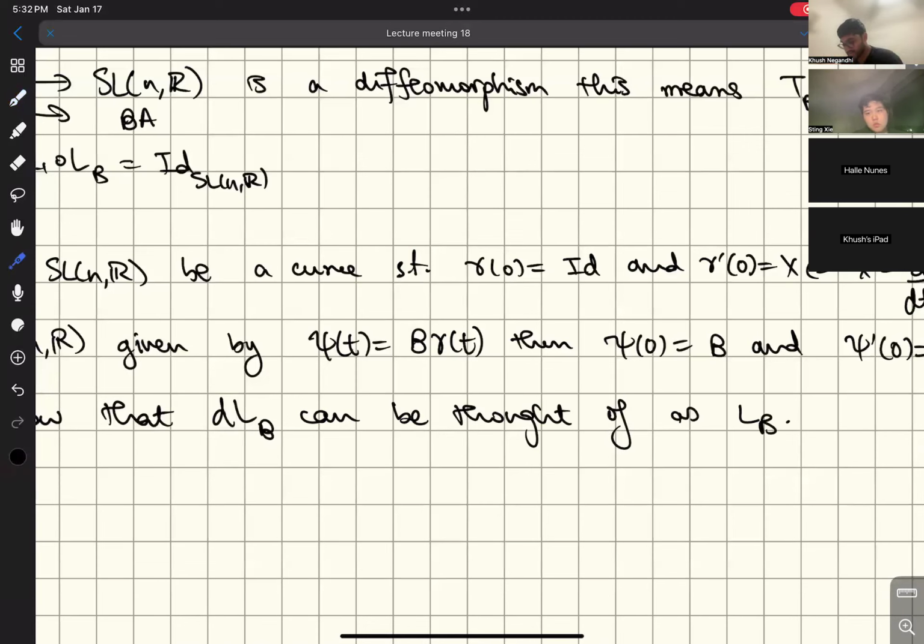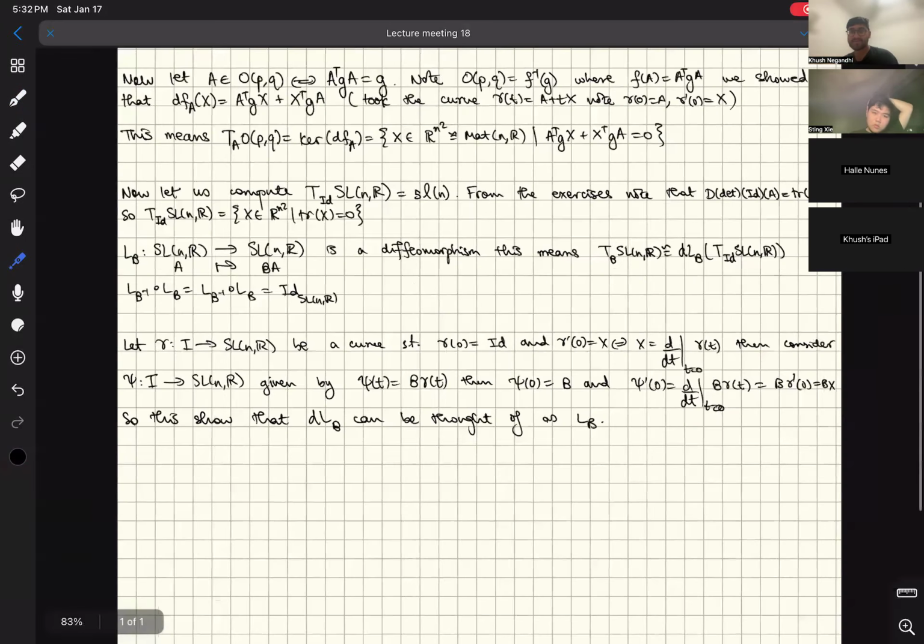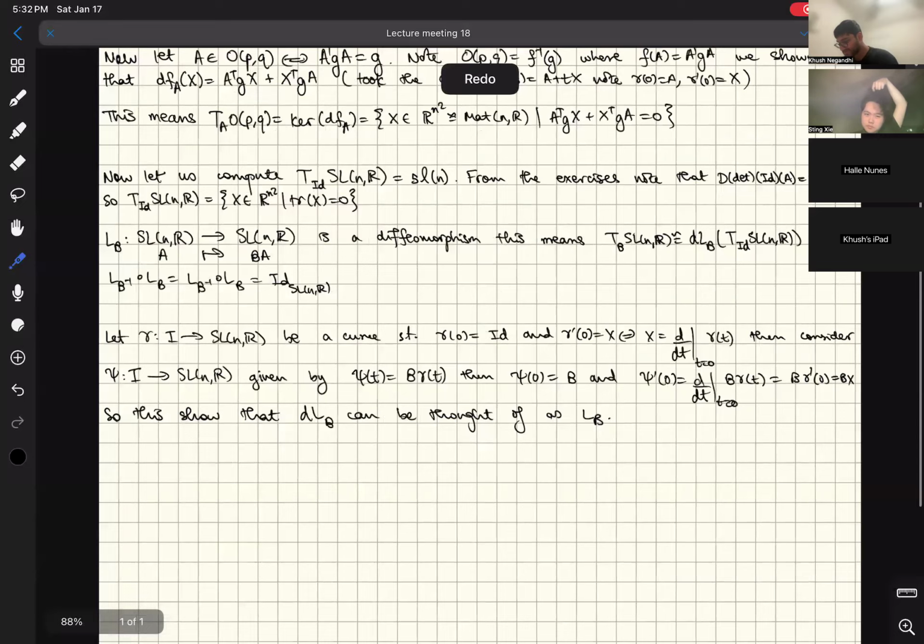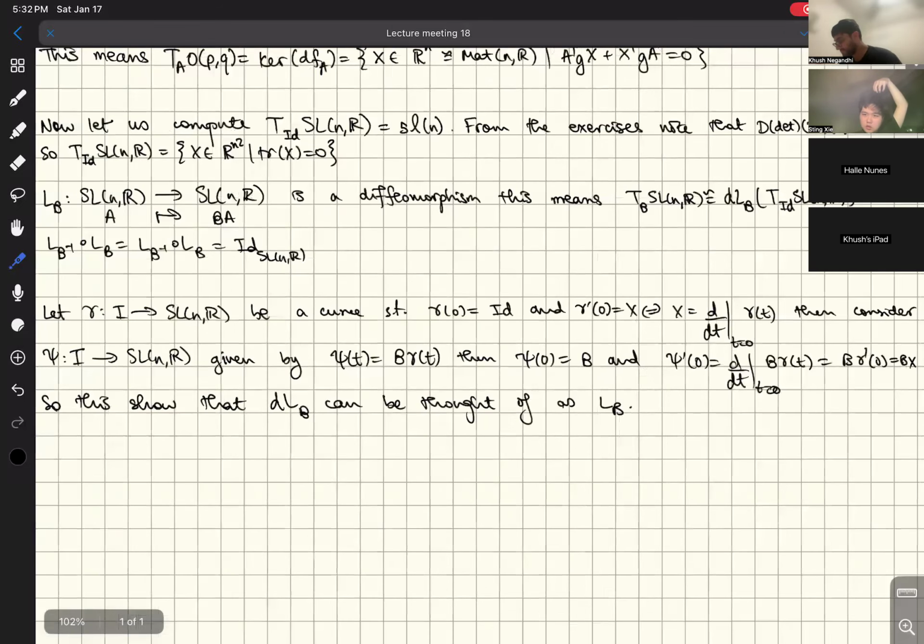It makes sense, I think, because both of these maps are linear, and all this shows is that these maps are actually the same. If the tangent space at any point is just the image, and you showed that you can get to that image by using left multiplication, that tells you that both of these are actually the same map.